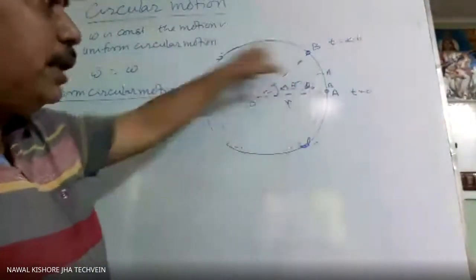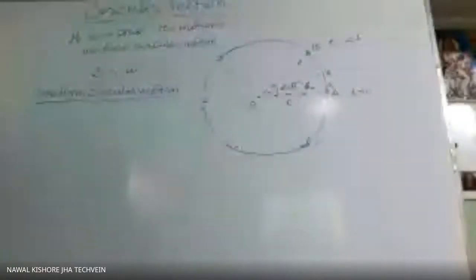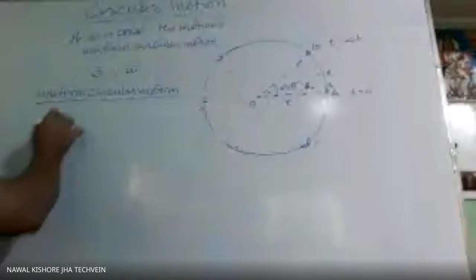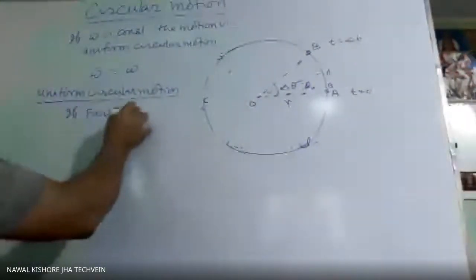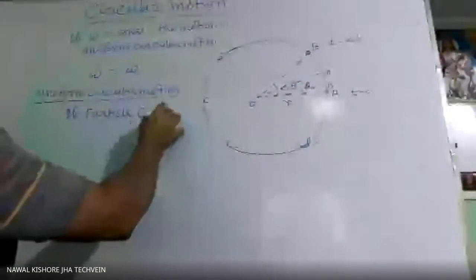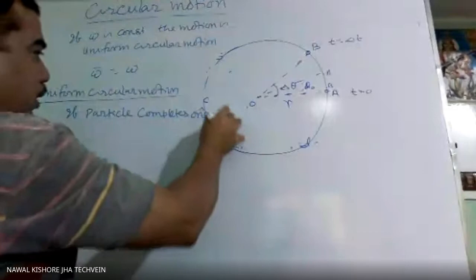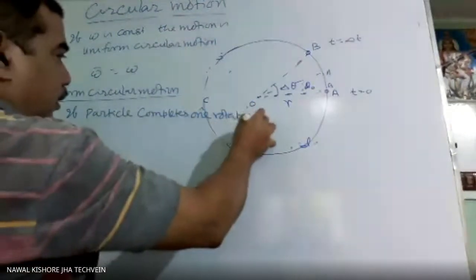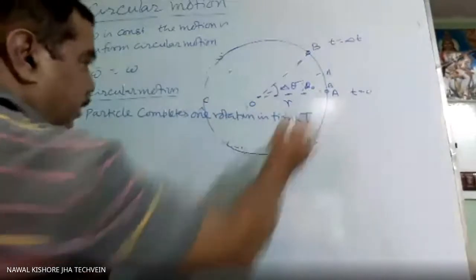So suppose the time period is T seconds, if the particle completes one rotation in time T, this T we call time period sometimes.